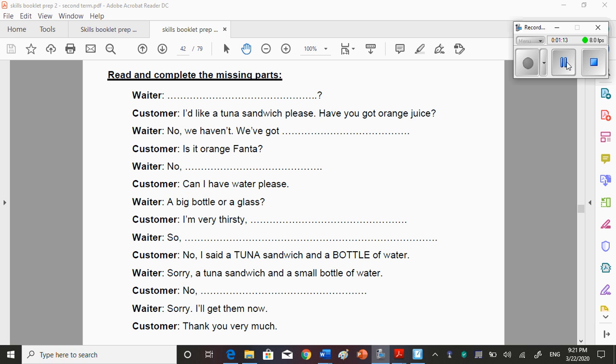A big bottle or a glass? I'm very thirsty. So, no! I said a tuna sandwich and a bottle of water. Sorry, a tuna sandwich and a small bottle of water.